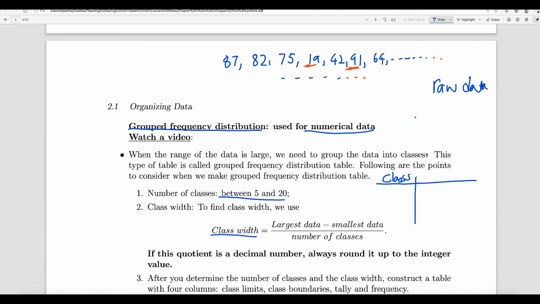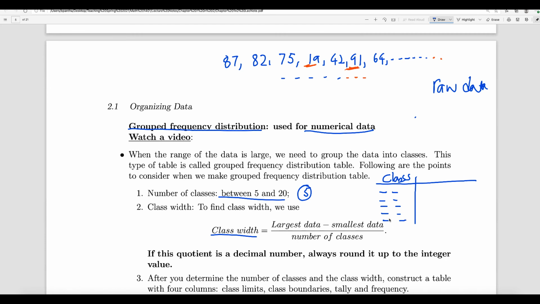So there will be at least 4 columns that you will need. But first of all, suppose I want to make 5 classes. Then there will be first class, second class, third class, fourth class, fifth class, like that, right?